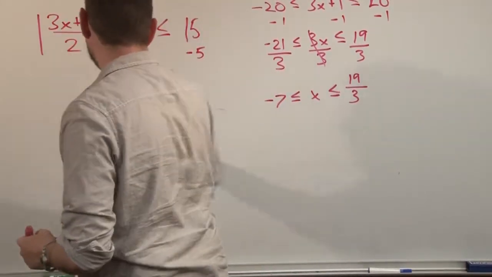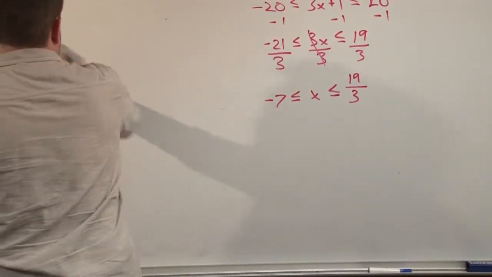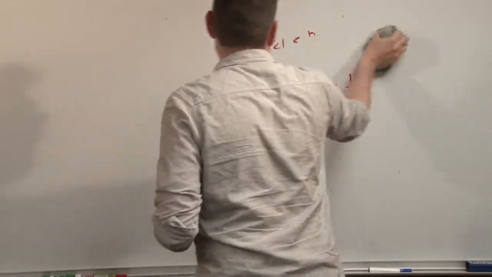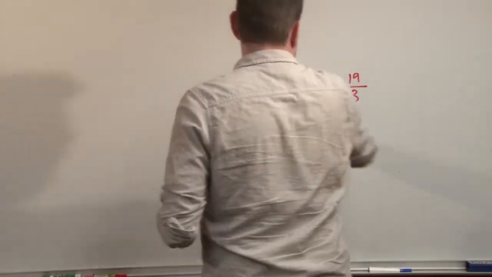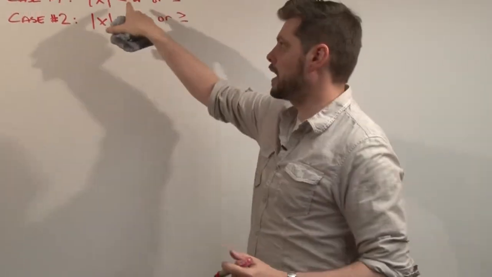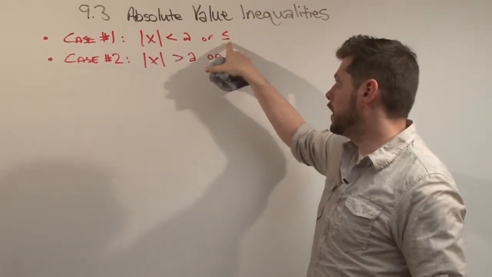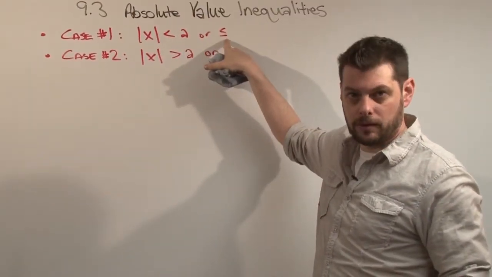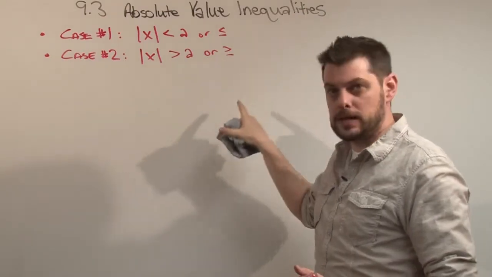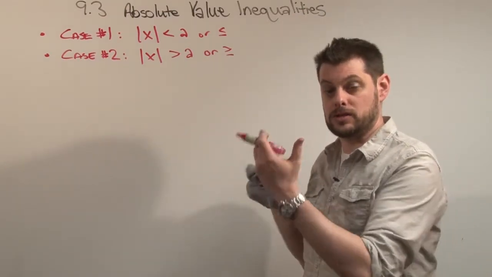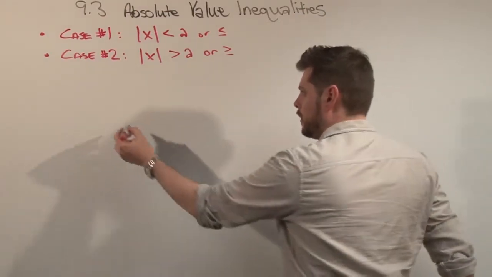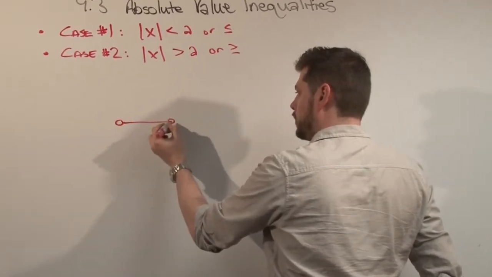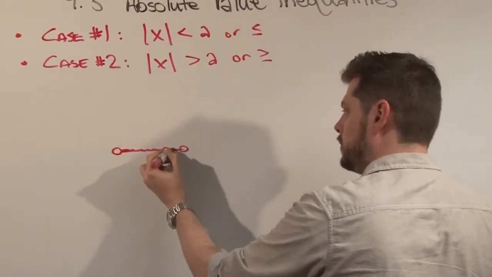Using this strategy, when you start out with absolute value quantities that are set less than or equal to a value, you will always get an interval solution that's just one interval. You'll always get, kind of like what we talked about, solutions that rest between two boundaries.